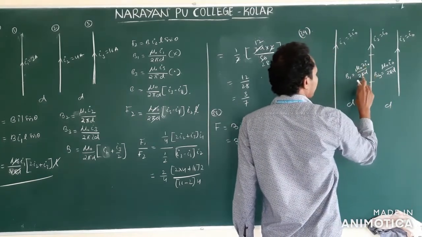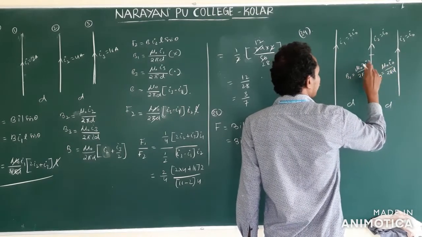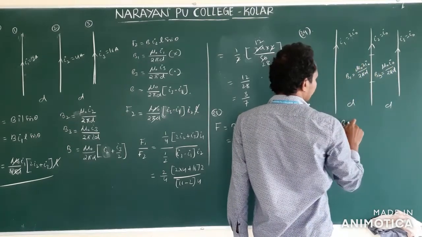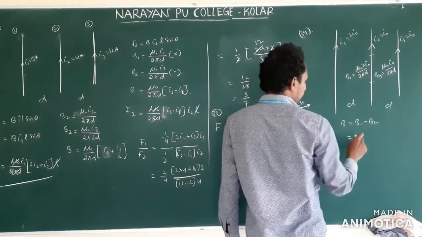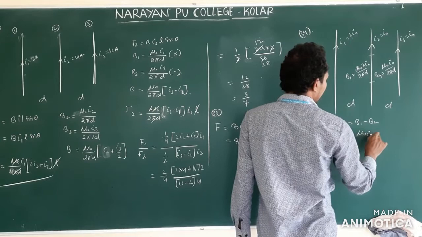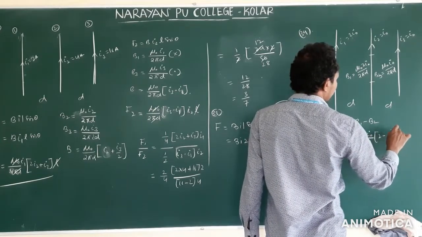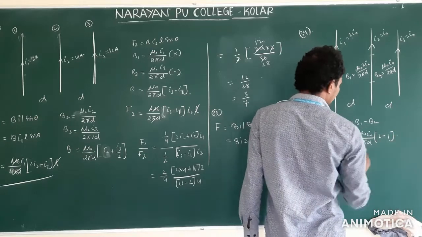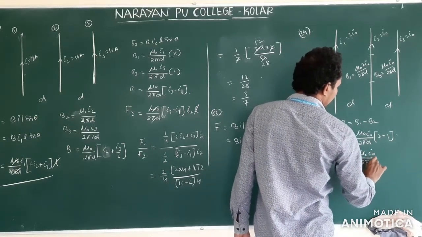Mu naught by 2 pi d is the same, and 2 I naught against I naught, so 2 I naught will dominate. So the net field we can write is B1 minus B2. Subtract: mu naught I naught is common, 2 pi d is common, this is 2 minus 1. So this is mu naught I naught by 2 pi d.